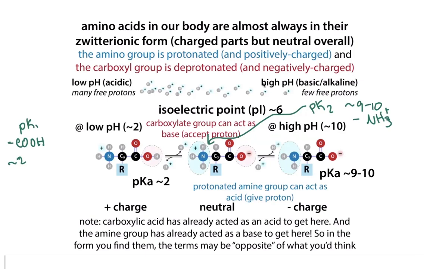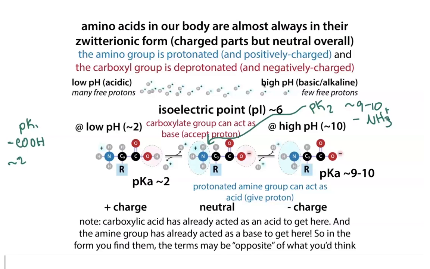And what did we say before? We said if something was a stronger acid, we're more likely to find it in its conjugate base form because it wants to act as an acid. And once it acts as an acid, it's in its conjugate base form. So for our carboxylic acid group, we're going to typically find it in its deprotonated state, in its conjugate base state.